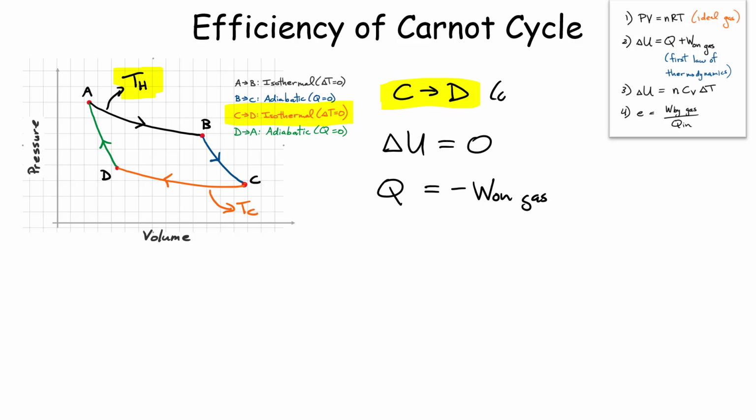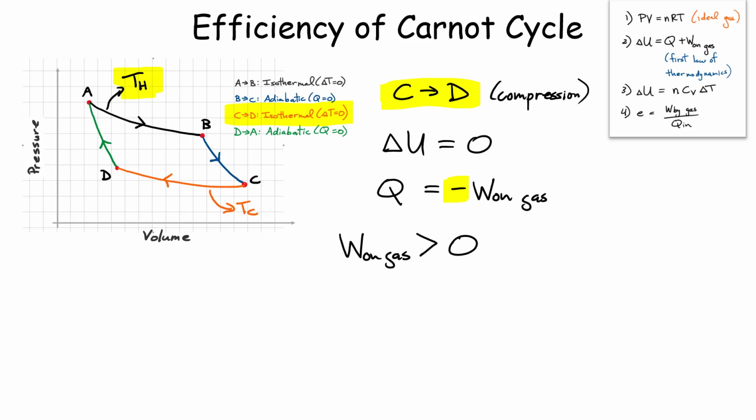For a compression, the work done on the gas has to be positive, because the force done by the external agent on the piston is in the same direction as the displacement. So the work done on the gas must be bigger than 0. But look, you have a negative sign right here. You have this second value that's not highlighted here. The work done on the gas is positive.